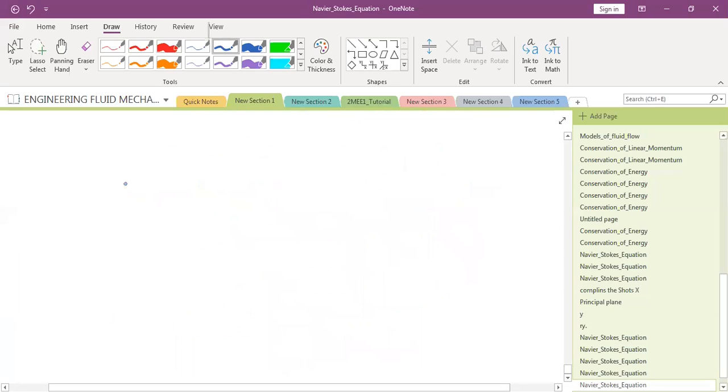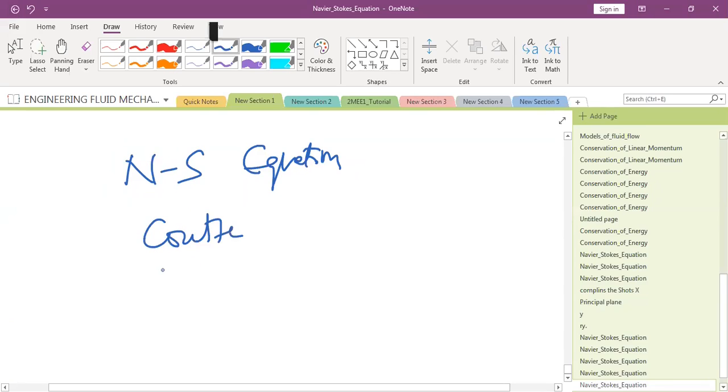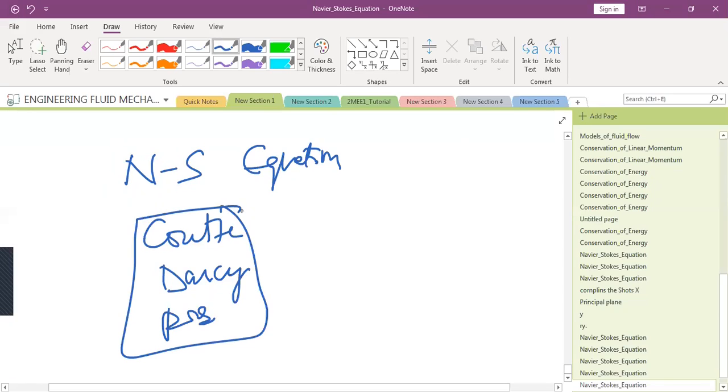Now, if the Navier-Stokes equation is the ultimate equation, a second-order nonlinear equation, then we don't require the Couette equation, nor the Darcy or Poiseuille equation. These equations are just approximations of the Navier-Stokes equation.